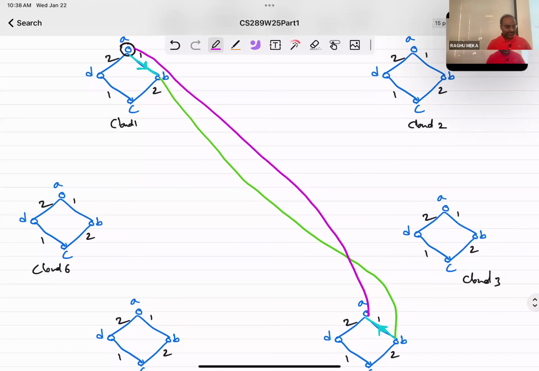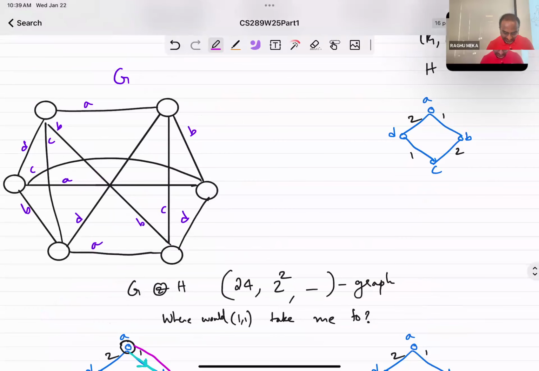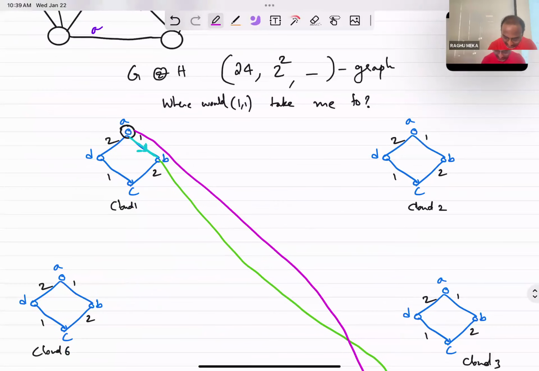All right. And in the same way, let's do maybe 2, 1. Again, from the same vertex. If I'm doing 2, 1, I need to first take this 2 hop. So I go here. Right?